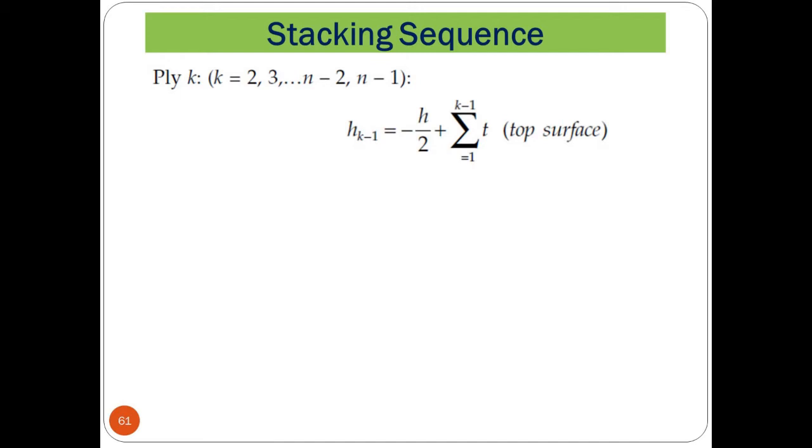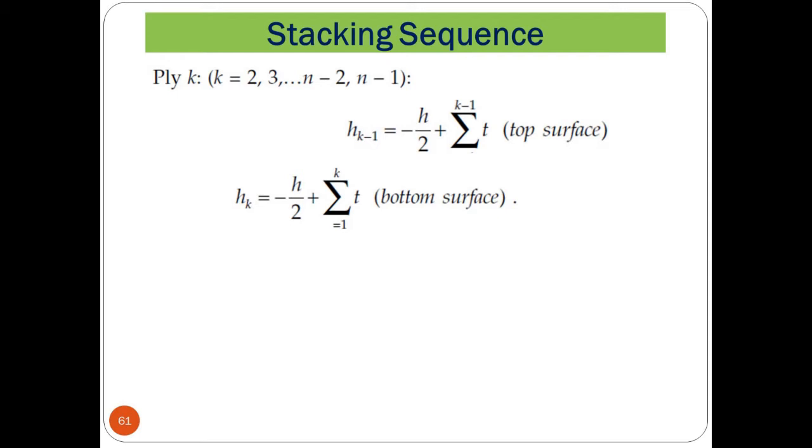Likewise we may have the relation for hk, the bottom surface, in the following formula. hk equals minus h by 2 plus summation from 1 to k of small t. This is for the bottom surface.